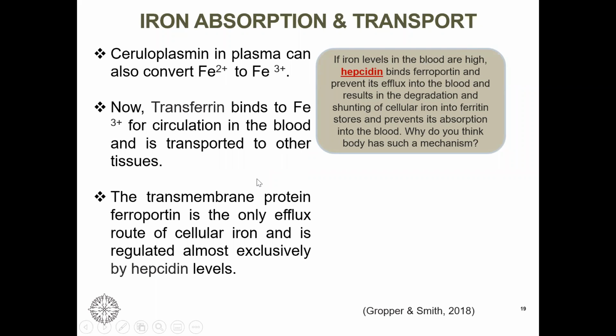If transferrin saturation is low, that means low amounts of iron are in the blood, the liver gets the message, and it downregulates the formation of hepcidin so that ferroportin stays where it is and it can absorb lots and lots of iron into the blood.